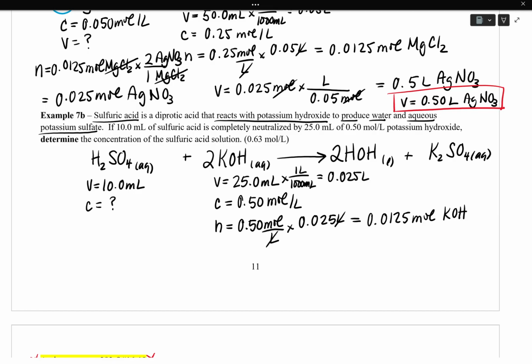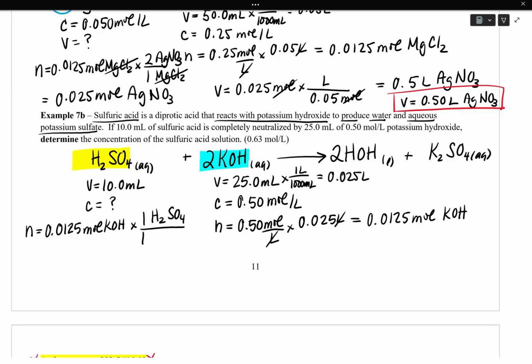So we're going to take the number of moles of potassium hydroxide, and we are going to use our mole ratio to solve for the number of moles of sulfuric acid. So number of moles of sulfuric acid, 0.0125 moles of KOH. Now, let's take a look at that mole ratio again. So I want to get sulfuric acid. So I have 1 mole of H2SO4 to 2 moles of KOH.